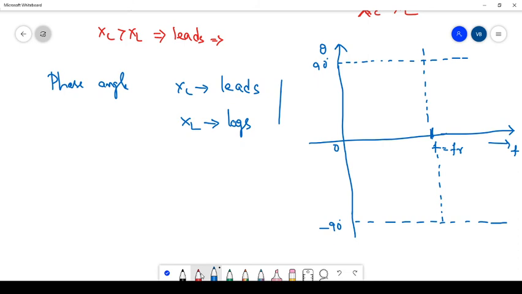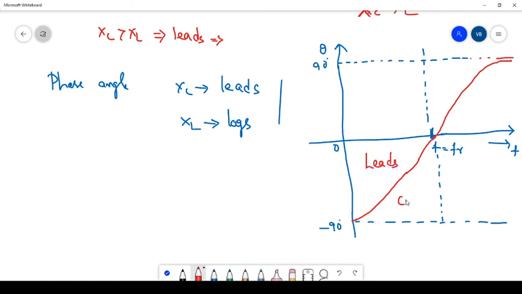Before the resonance frequency it will lead the system, that is a capacitive system. It will go from minus 90 to 0, and then after the resonance frequency, as an inductive component, it will increase to 90 in an exponential way.